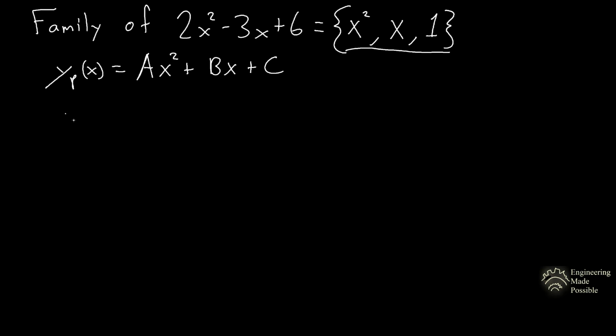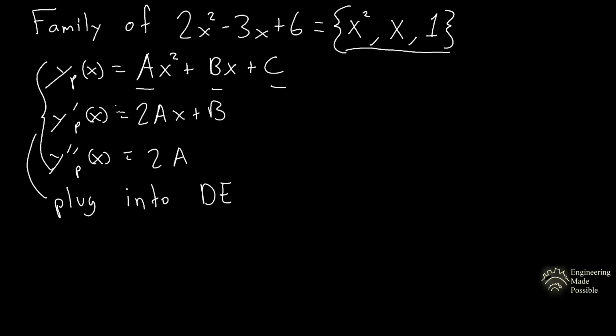Then this is where you get the derivative of the particular solution as well as the second derivative of the particular solution. With these derivatives, you plug all of this back into the differential equation and you solve for the variables a, b, and c.